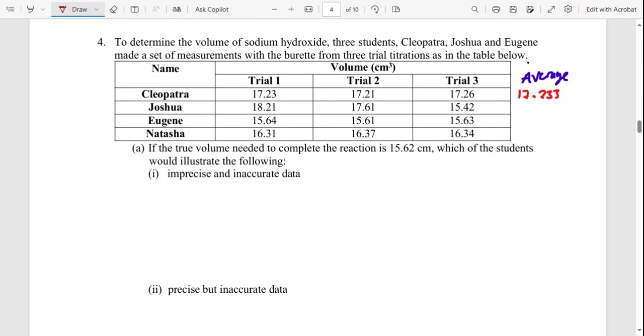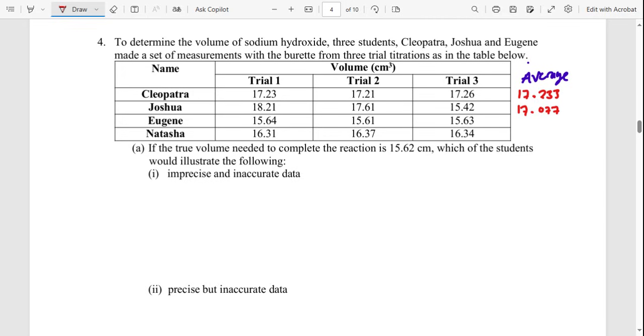We go to the second person, Joshua. 18.21 plus 17.61 plus 15.42 divided by 3. That's 17.077.